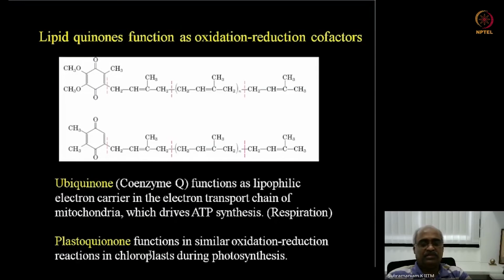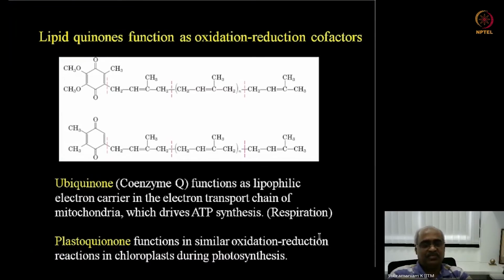So then remember our title said pigments that are important, and here we see pigments. These function as cofactors. These are actually important in the electron transport chain in the chloroplast, if it is photosynthesis, or if it is the regular respiration in the mitochondria.